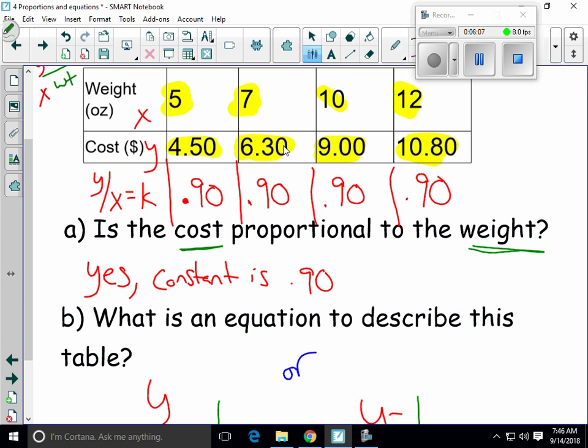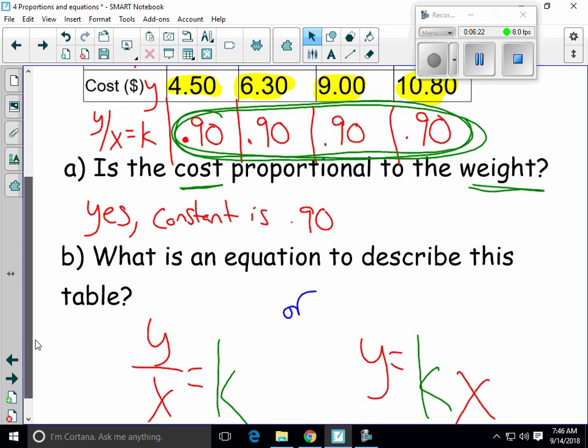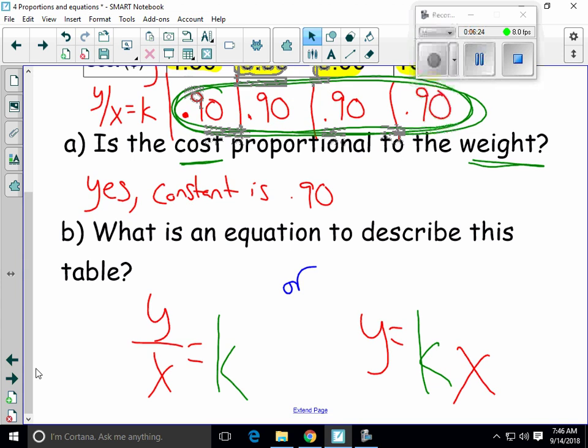So that number, the 0.90 that kept showing up over and over, that's my constant of proportionality. I'm going to use that in the equations to make two different equations. For part B, it says, what is an equation to describe this relationship, or to describe the table? Now you can use both of these formulas. But to finish the problem, you're going to put in the number 0.90 that we just found wherever you see a k.